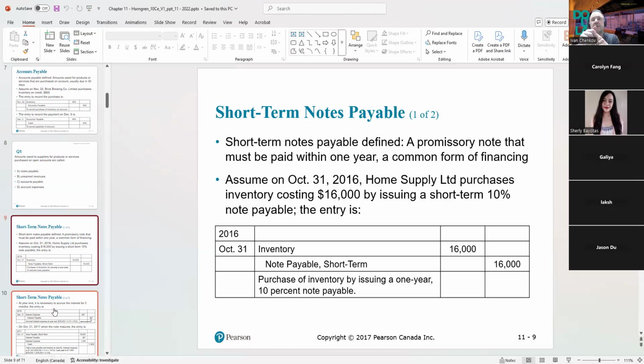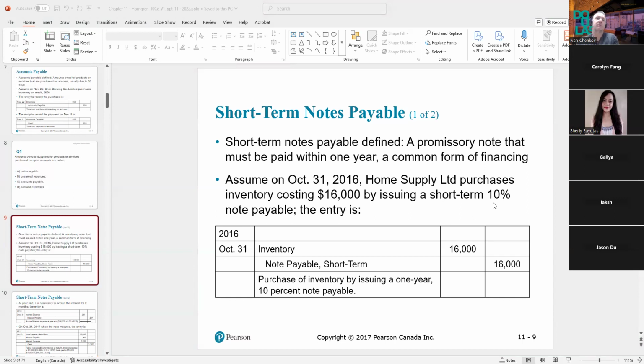Let's say in this case, the company purchased inventory and issued notes payable, which pays 10% interest.